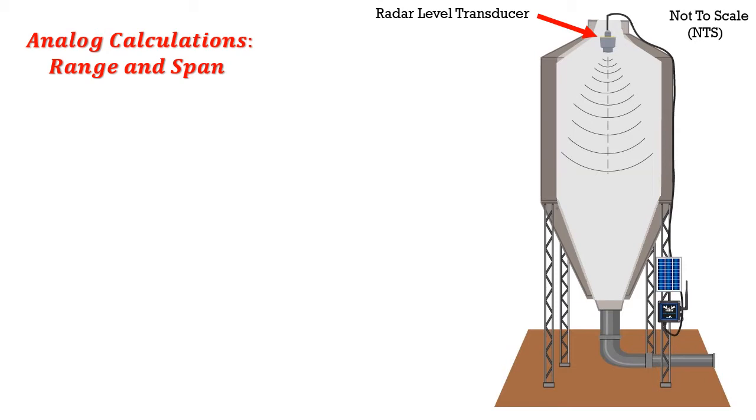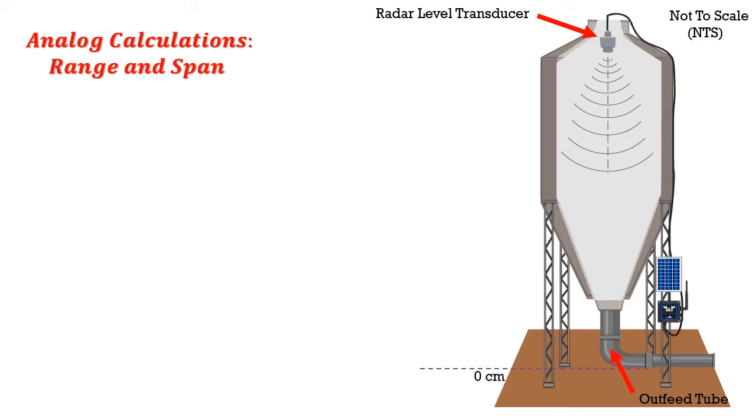Basically, what it does is it sends a signal down, and as the signal reflects off the surface of whatever is in the vessel, it lets the PLC know how full the silo is. At the bottom, we have an outfeed tube where the grain exits the silo. For this example, the outfeed tube is actually laying on the ground.